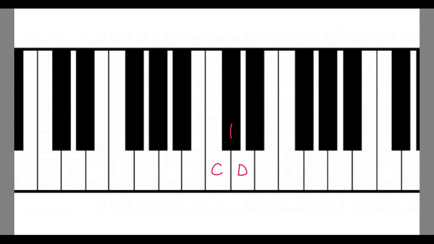On the piano keyboard, the distance between C and the black note right above C, and D and the black note right below D, is the smallest distance we can travel. That smallest distance is known as a half step.